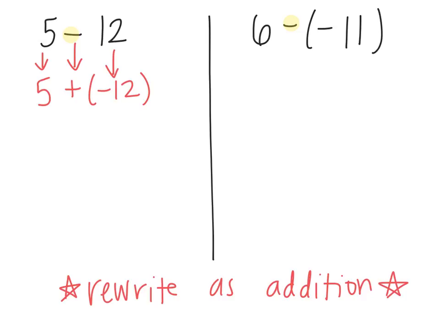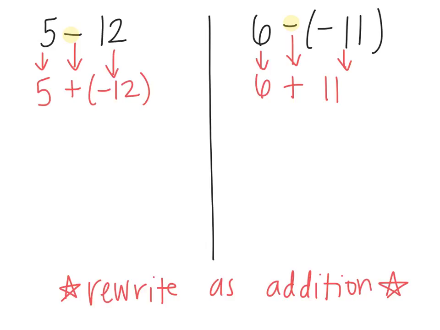Let's go ahead and rewrite the second example too before we start solving. I'm keeping my first number, 6, changing that subtraction to addition, and then taking the opposite of my second number. This time the opposite of negative 11 is positive 11.